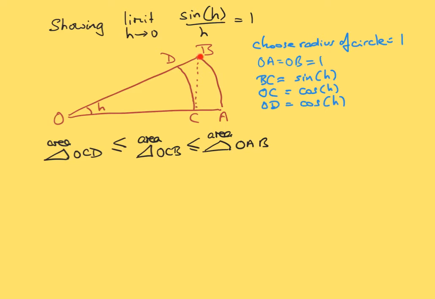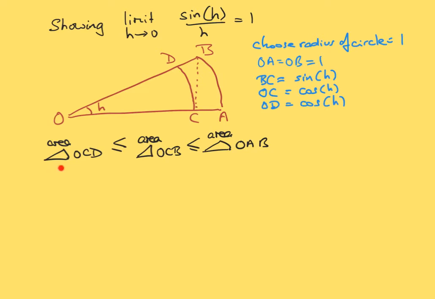And then we also have this third area of this sector of a circle, which has the larger radius, 1, that we've chosen here, and that area is greater than or equal to the area of the right angle triangle. So we have these inequalities.